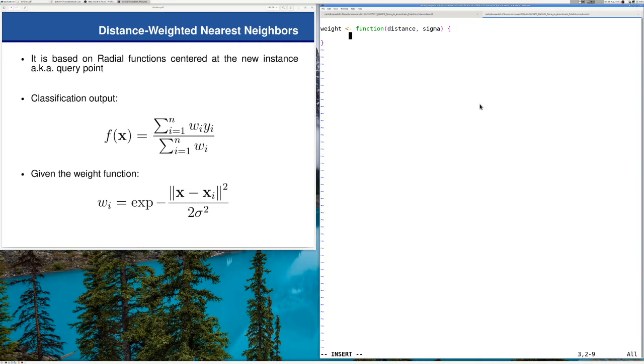So I receive the distance, and what I'm going to compute here is the exponential of minus the distance, the Euclidean distance I'm going to use in my case, to the power of 2, divided by 2 times sigma squared. And return this as the weight.